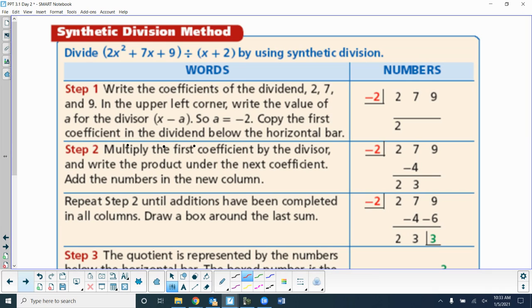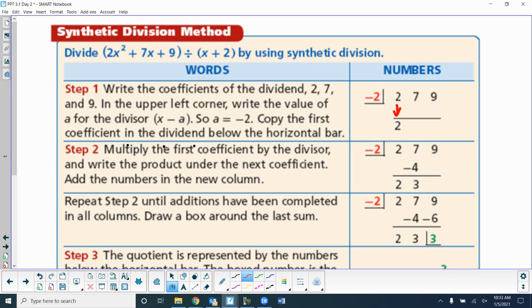You give yourself some room underneath these numbers because you're going to write some numbers under those. So I draw a line, and then what you do is you drop that first coefficient below the line. That's where that first 2 came from. You just drop it straight below.